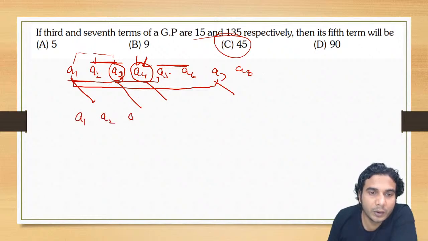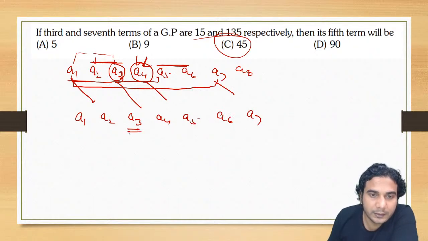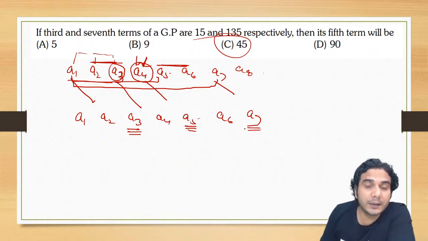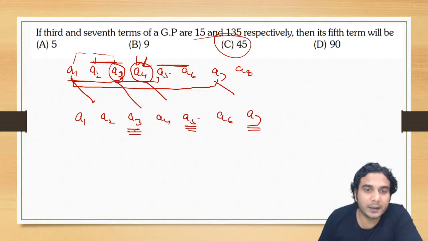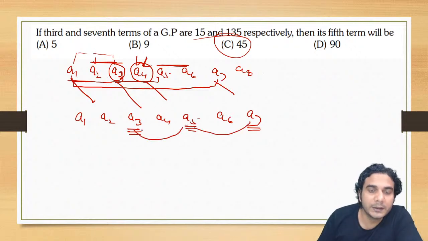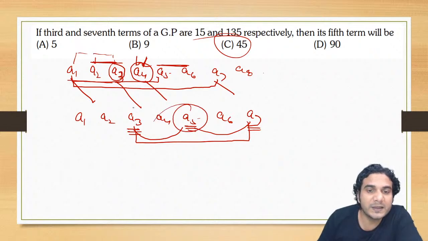Let me write it again. A1, A2, A3, A4, A5, A6 and A7. Look at this. Third, fifth and seventh. These three terms are with equal gaps. Just leave this term and leave this term. So that means the product of third and seventh will be equal to the square of this. That means A3, A5, A7 are also in GP.